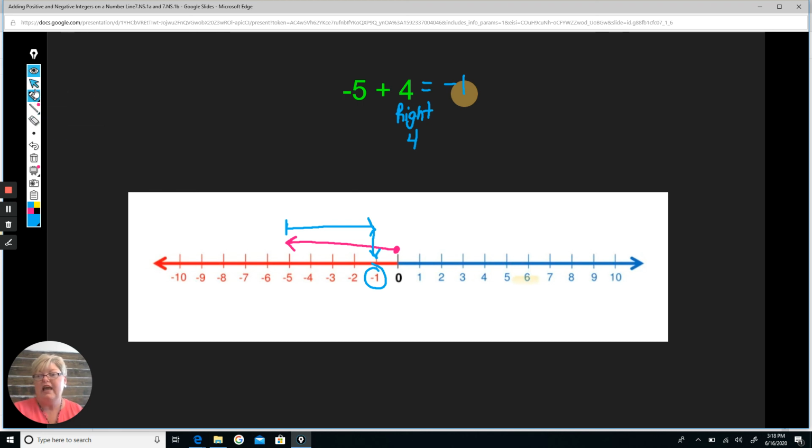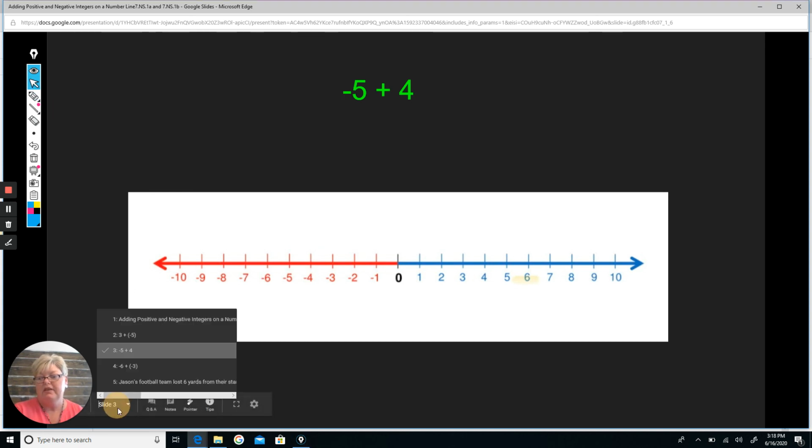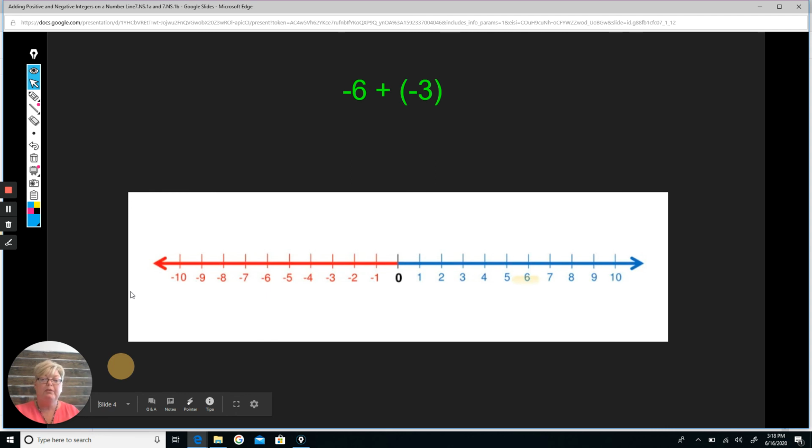Okay, let's look at one more sample like this. And the problem is negative 6 plus negative 3. Again, we're going to start at 0. We're going to go to our first term, which is negative 6.